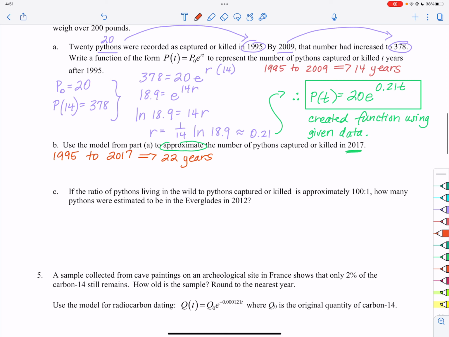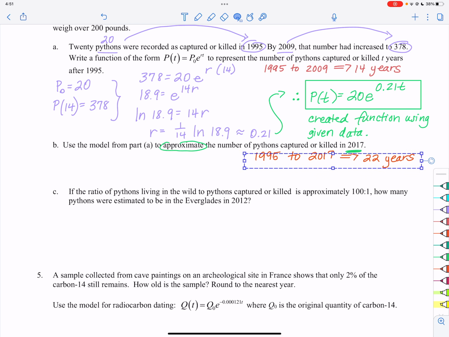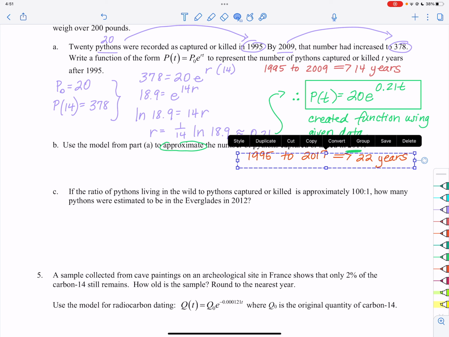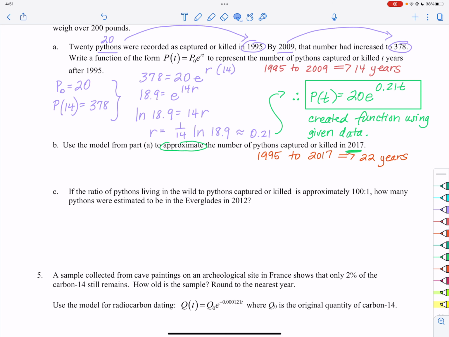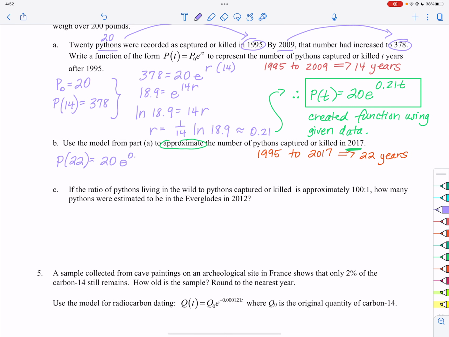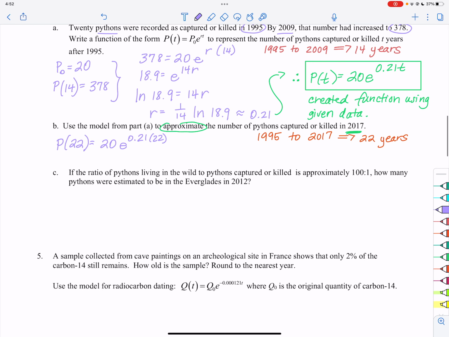That's probably better to write out like that. So now we could go ahead and say that P of 22 equals 20 times e to the 0.21 times 22. And that's approximately 2,030 pythons.